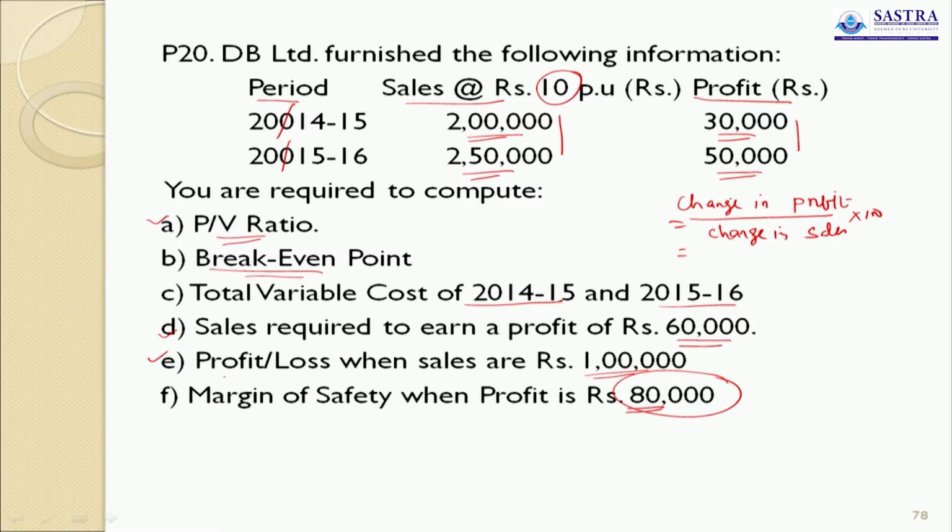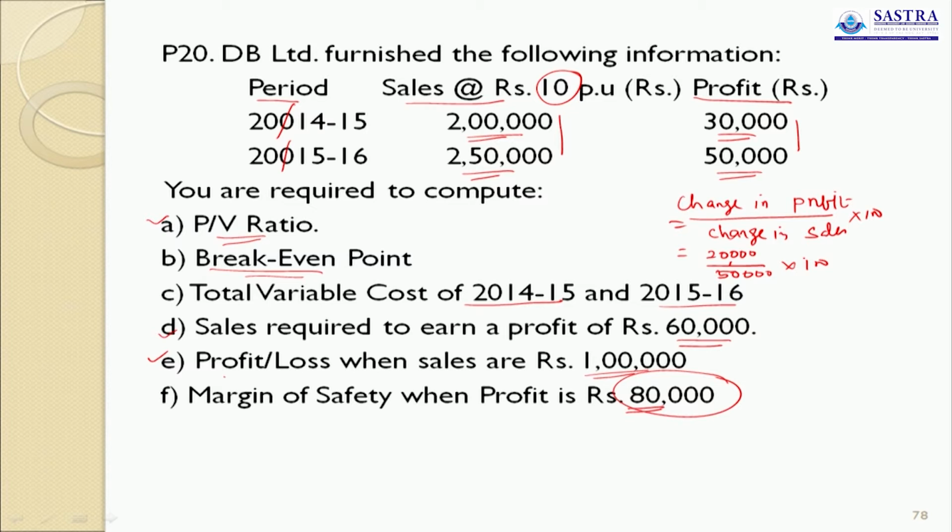Change in profit is the difference between the profit of these two periods, which is 20,000, divided by change in sales, which is 50,000, into 100.